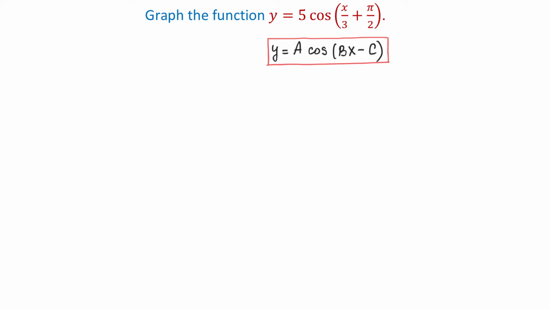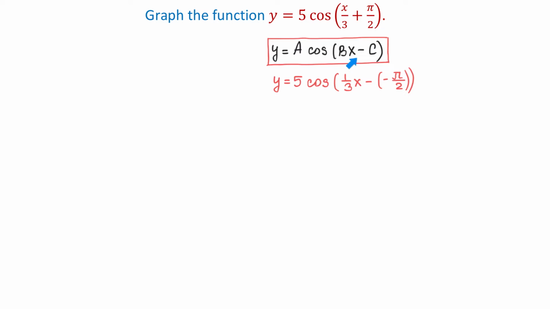Now, to be able to clearly identify a, b, and c, I will write our function as y equals 5 cosine of 1 over 3x minus negative pi over 2. So, as you see now, a is 5, b is the number in front of x, and that is 1 over 3.